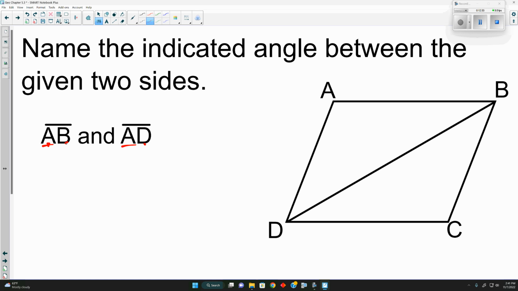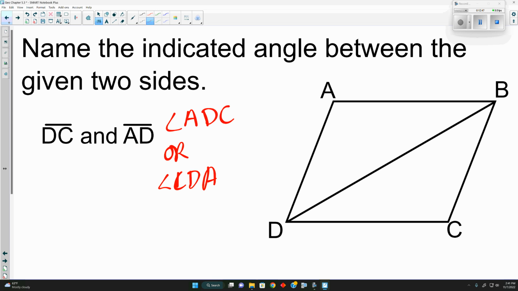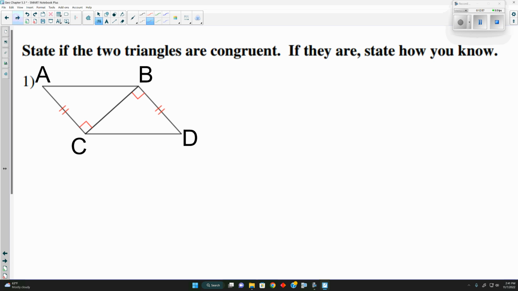So we didn't necessarily need to draw it if we notice that this shared letter is going to be the middle, the vertex. These are our two sides, and it works that way every single time. Because if we look at the others, the shared one will be in the center, so ADC or CDA.